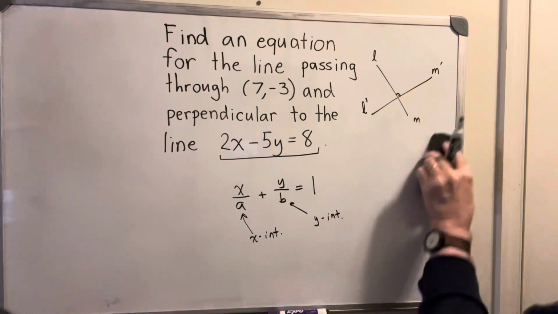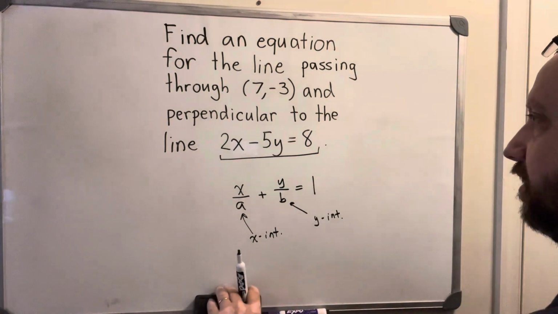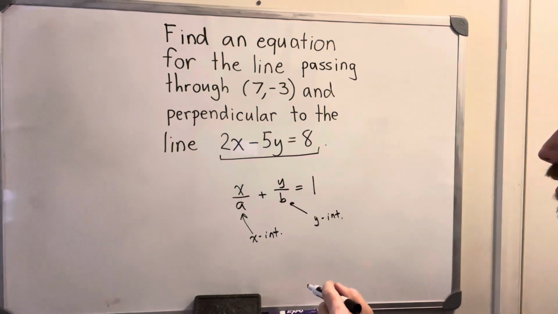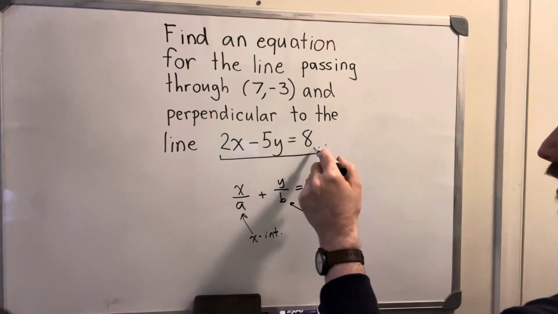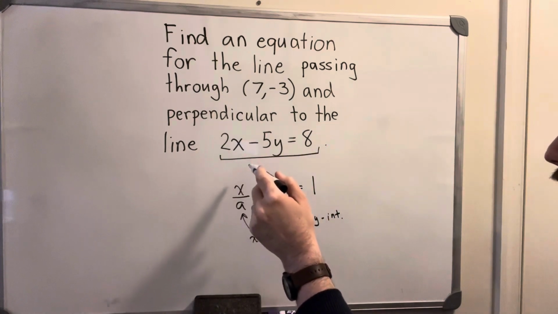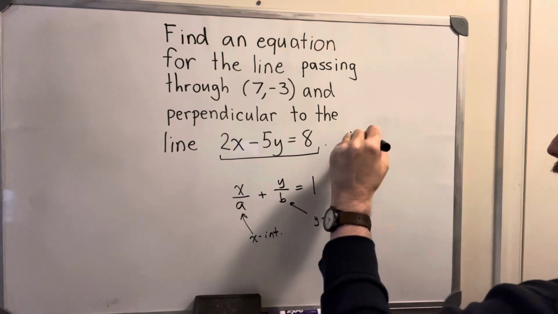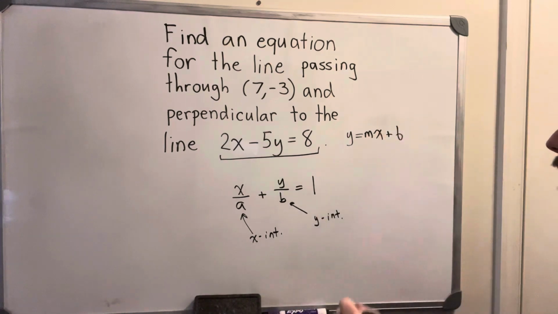But first of all, we need to know the slope of this line that we've been given. You could figure out how to turn this form into the slope-intercept form, which is y equals mx plus b.